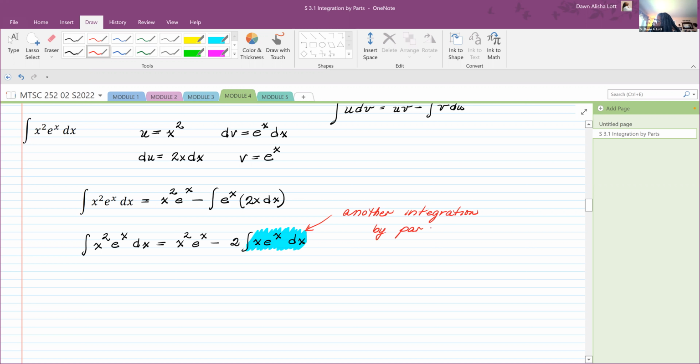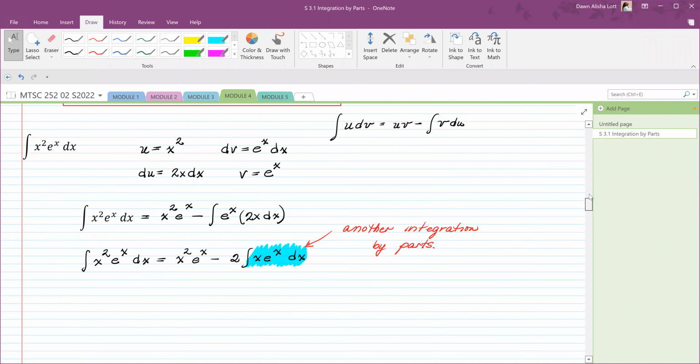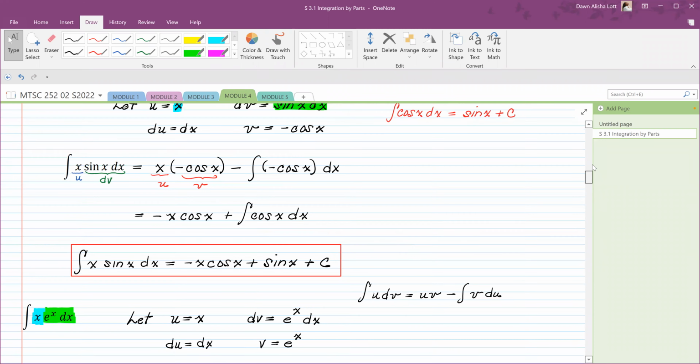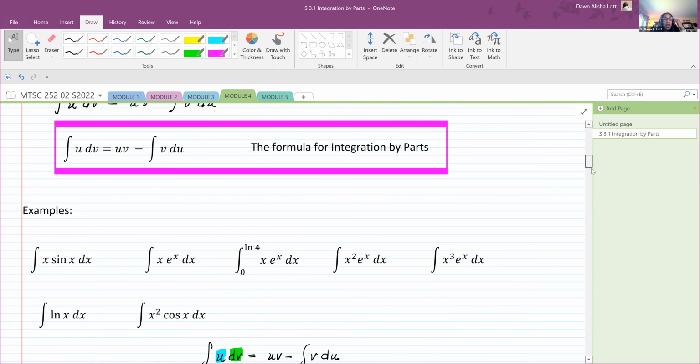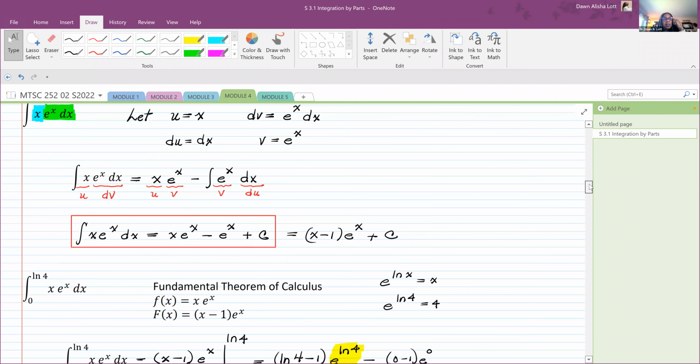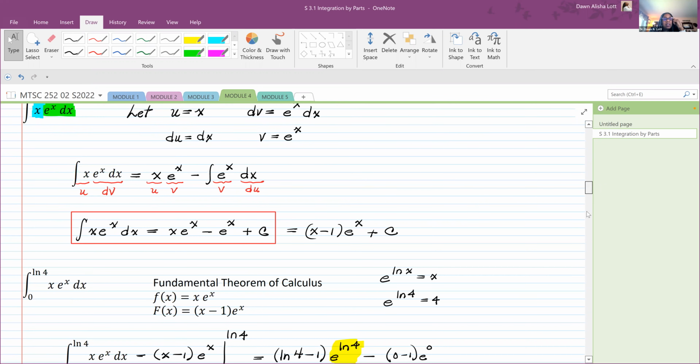Now, if I were on the test or in a homework problem, and my original problem was the integral of x squared e to the x dx, I would then have to go and compute the integral of x e to the x dx. But I've already computed it: it is x e to the x minus e to the x.